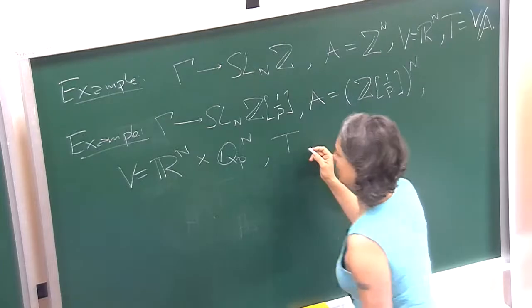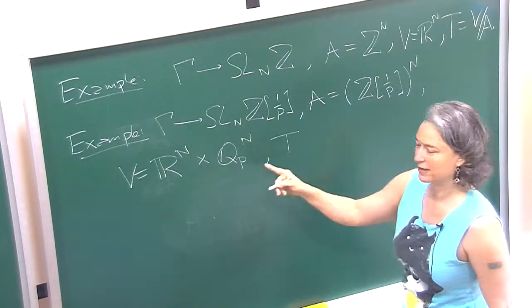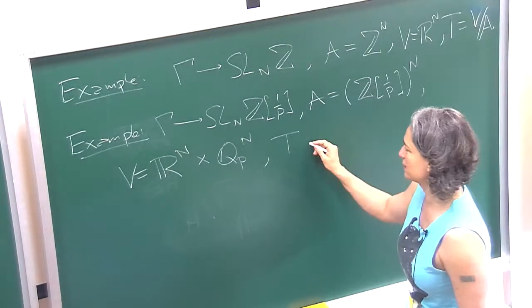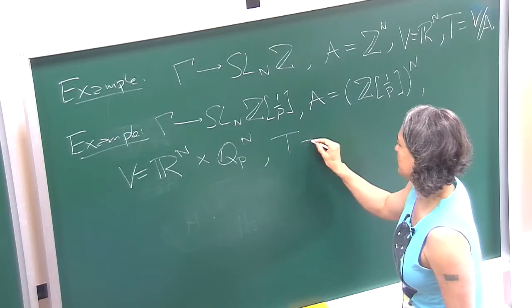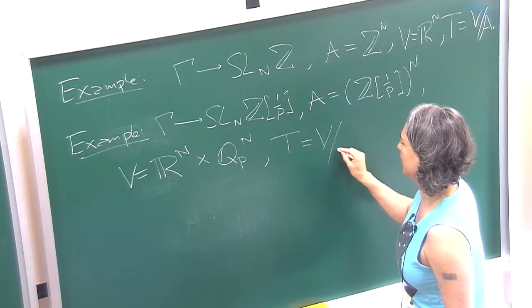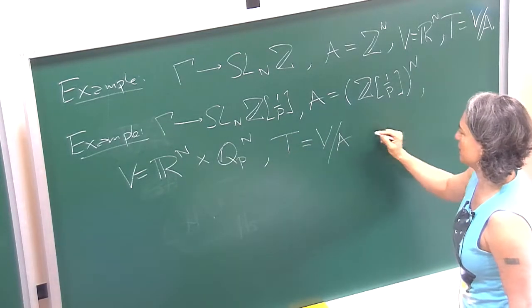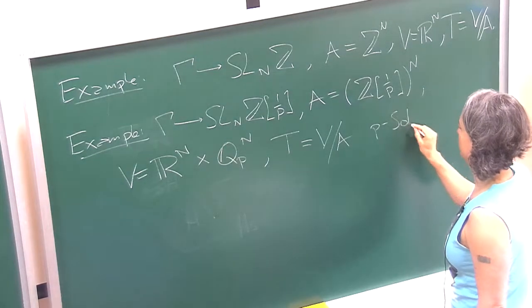And then a fun exercise to do is to calculate what this quotient is. And this is, again, I'll write V mod A. This is a, let's say, p-solenoid.